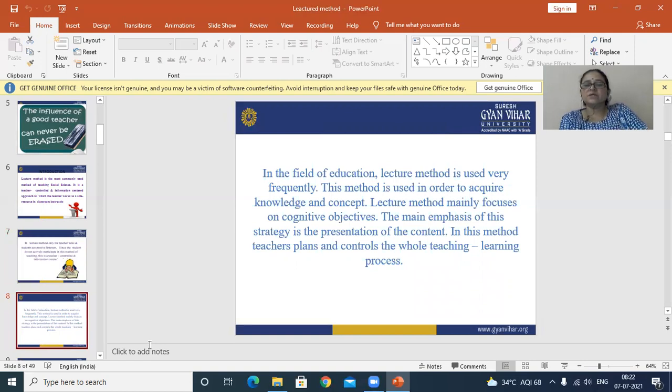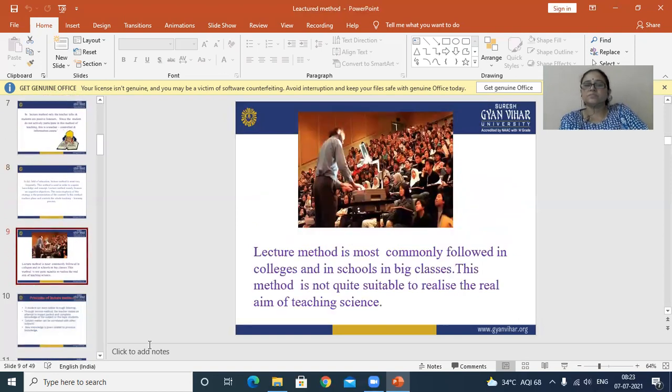In this method, the teacher plans and controls the whole teaching learning process. Lecture method is most commonly followed in colleges and schools in big classes.